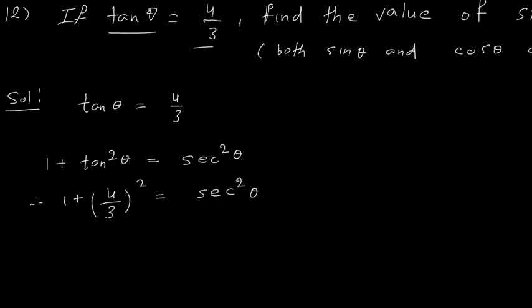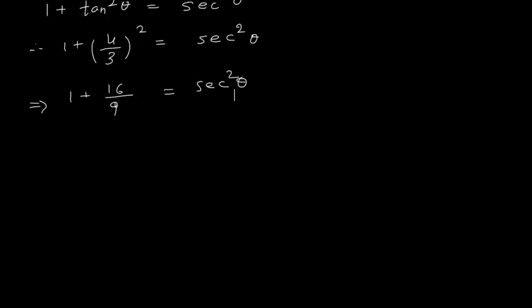This will give me 1 plus 16 upon 9. We square 4 upon 3, we get 16 upon 9. This is sec square theta. So 1 plus 16 upon 9 is 25 upon 9. So the value of sec square theta is 25 upon 9. Therefore, the value of sec theta is 5 upon 3.